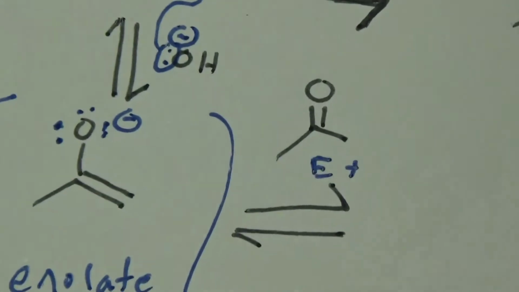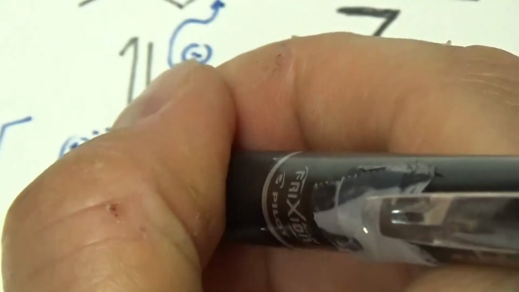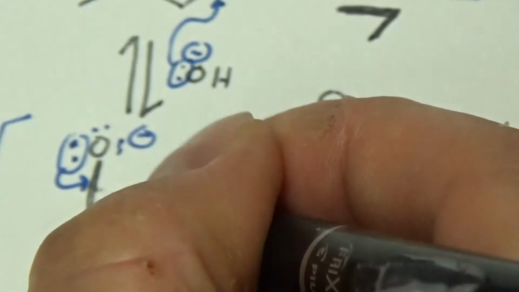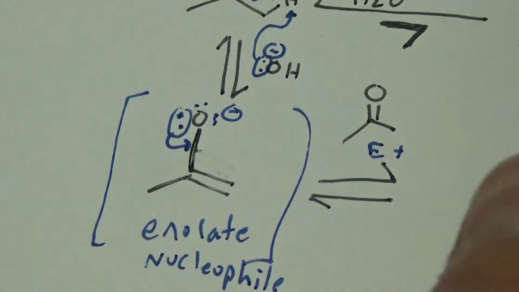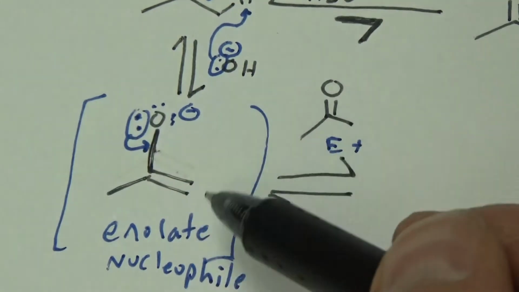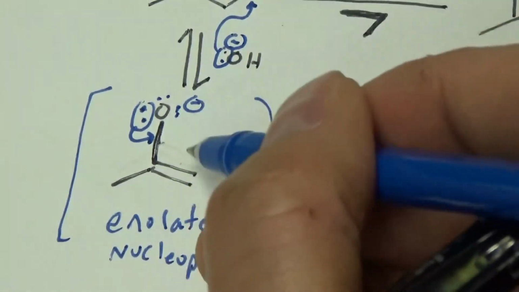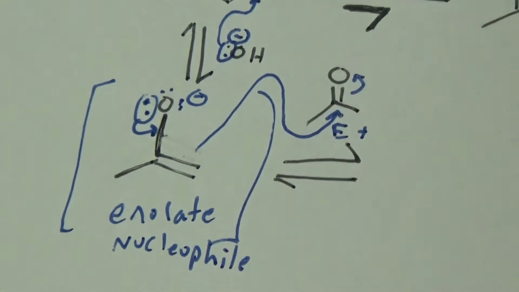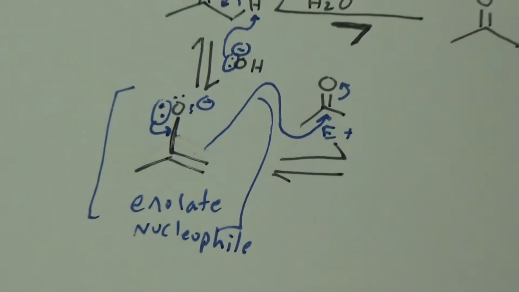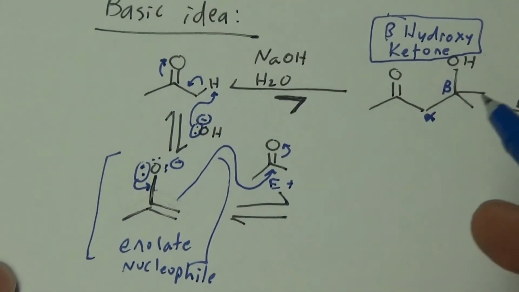So how does it all work? It'll take one of the lone pairs, swing down, make a double bond. I'm going to redraw this slightly larger at the bottom. Okay, there we go. So now the enolate nucleophile, electrons swing down, the double bond goes and attacks the ketone, because we have a bunch of acetone around, right?